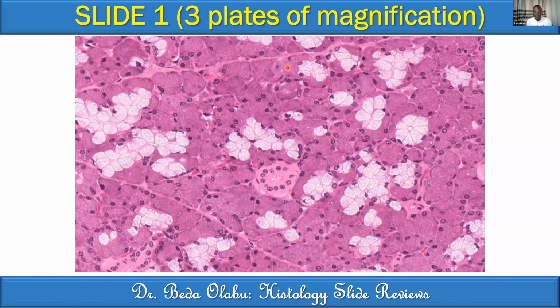We can see some that are not taking stains, and they are acinar. So those are the mucus secreting ones, and we can also see those that are taking up stains. And then there is one, I'm able to see a very big duct. So those are some of the things that I've seen, sir.